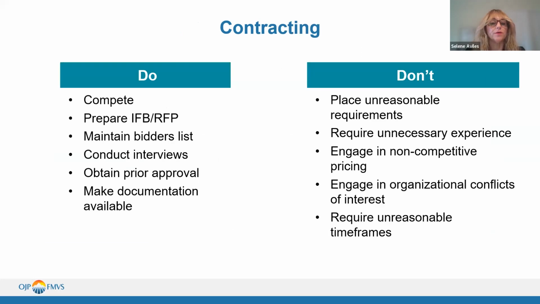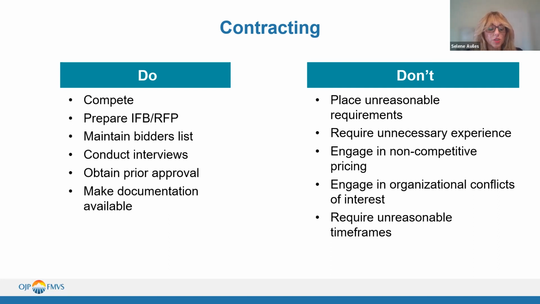So, contracting. These are certain things that the federal government does and that we should do when contracting. The Federal Acquisition Regulation, FAR, is a set of regulations that govern the procurement process for all federal agencies in the United States.